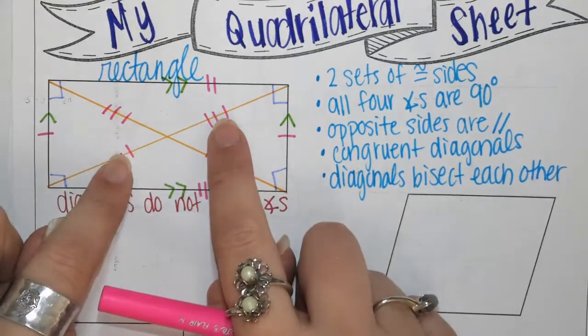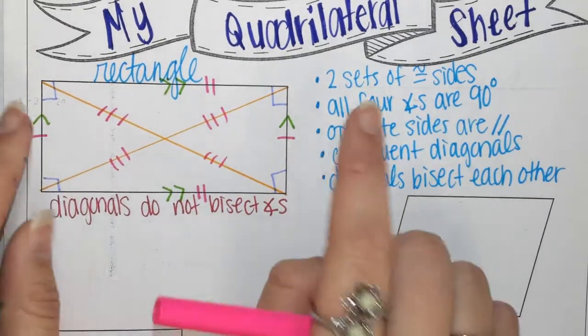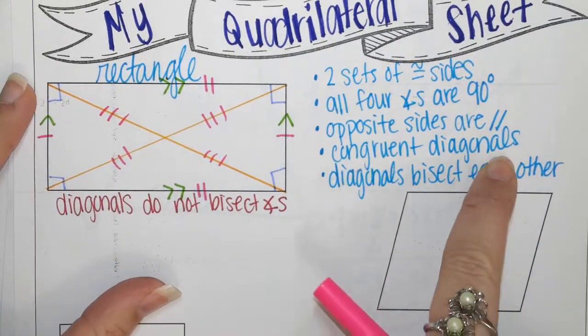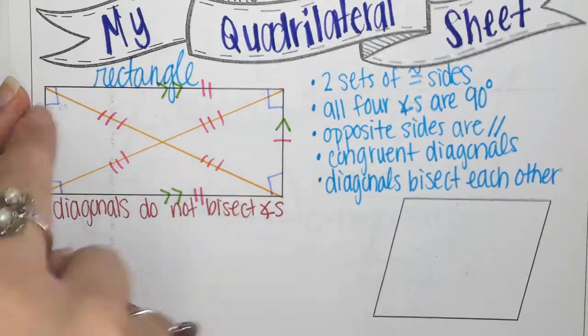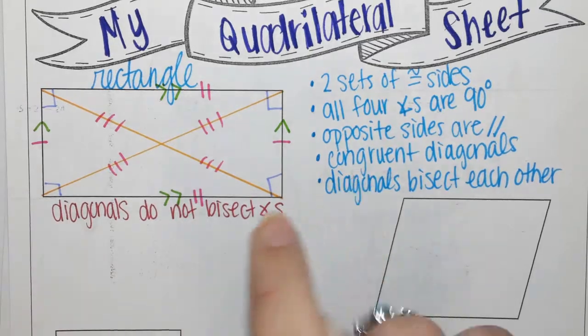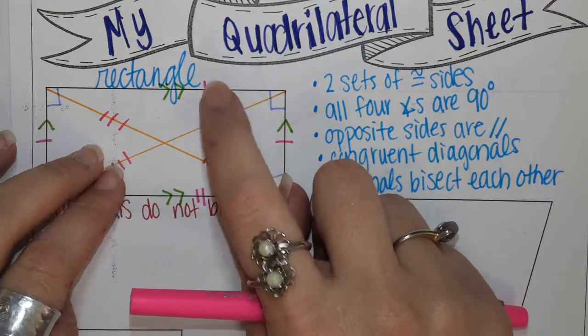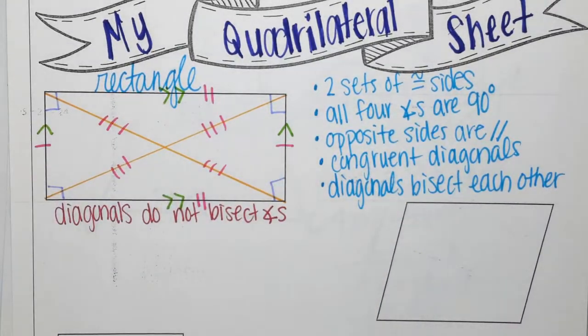Because they're all congruent since they bisect each other. We also said that the diagonals are congruent, so this slanted one and this one are congruent for the whole part. And since they bisect, they cut each other in half, and that means the halves are also congruent. That's a good question. All right, are we ready to move on to rhombi?